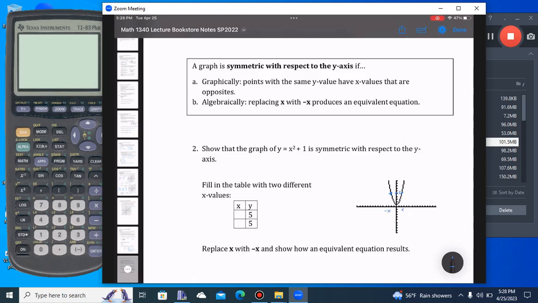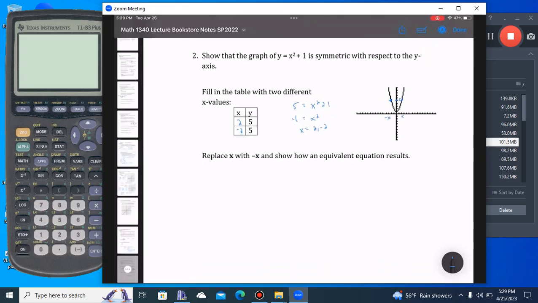So we take this y equals x squared plus 1, and we set y equal to 5. Solve for x. 4 equals x squared. So x equals 2 or negative 2. And that's the indication that this is symmetrical to the y-axis.